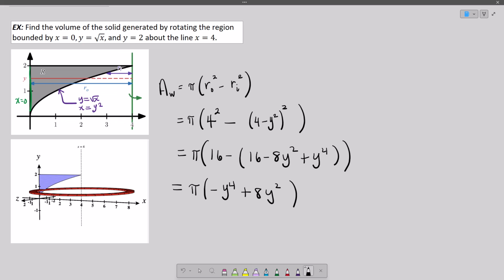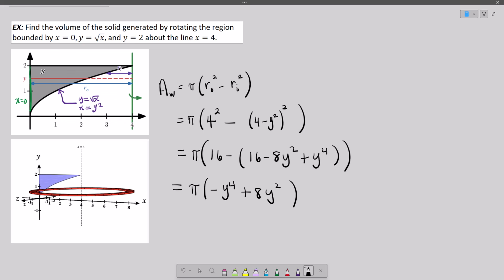So let's think about our two extreme cases for a moment. When we think about our horizontal rectangle here, and we slide it all the way down to here to 0, what should be the area of the washer? 0. So if we plug in 0, we should get 0, and we do. If we look at the other extremity up here, when our red rectangle slides all the way to the top, the length of that red rectangle is 4.